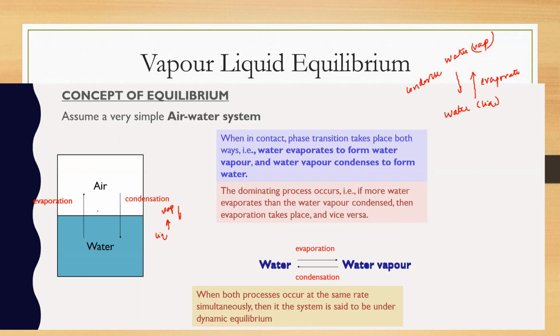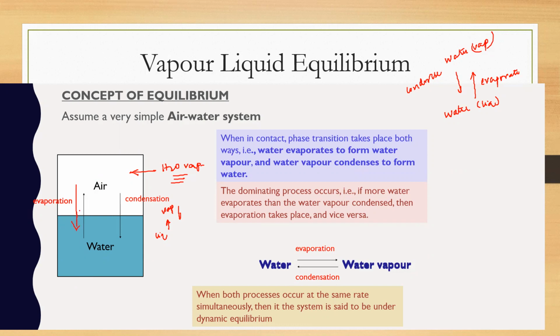Now let's say once equilibrium has been achieved, all of a sudden I add water vapor to air. Now again, the amount of water in the vapor phase has increased. Therefore, to balance this, water vapor will start to come into the liquid phase.